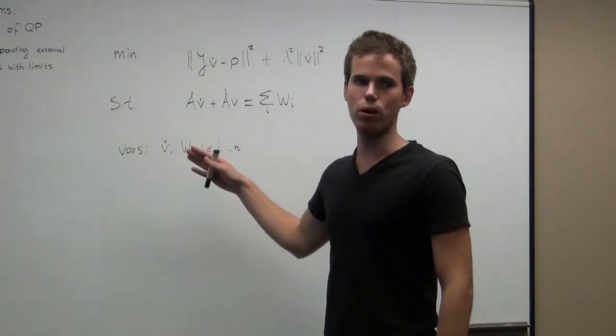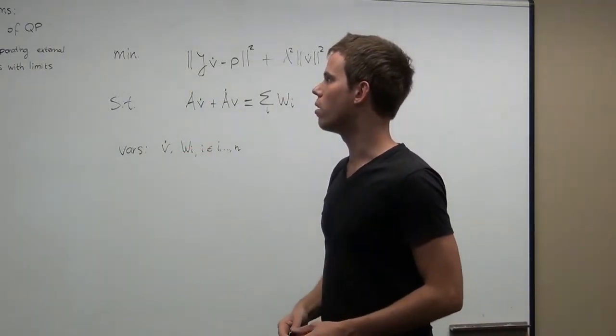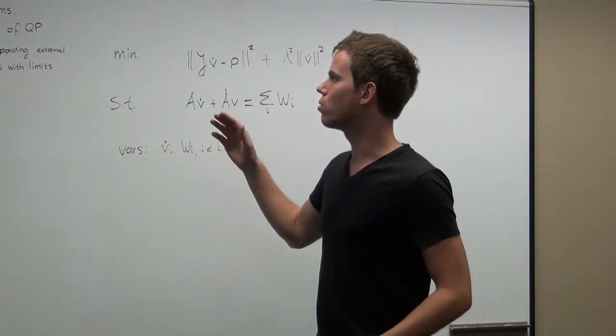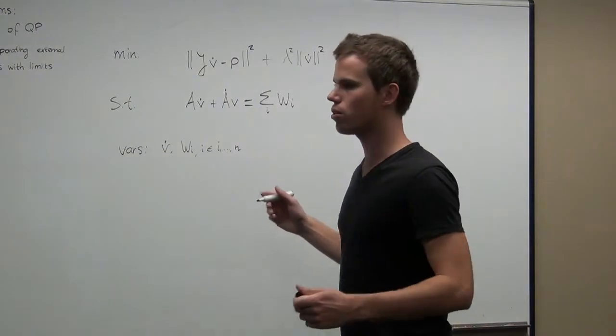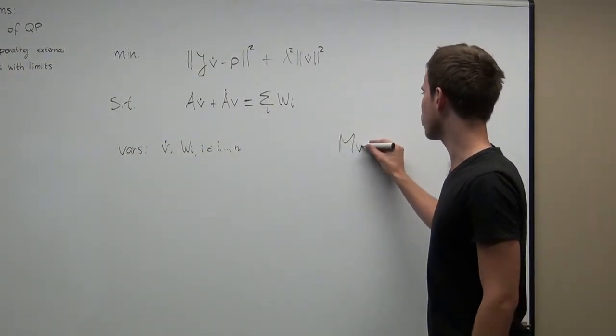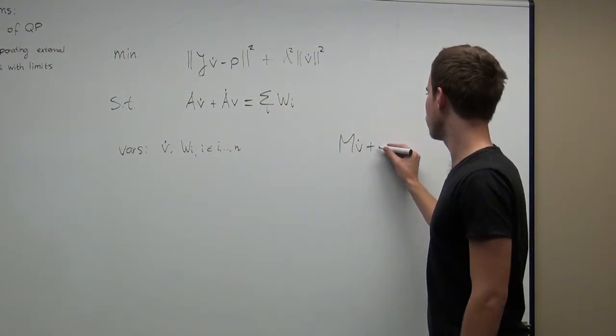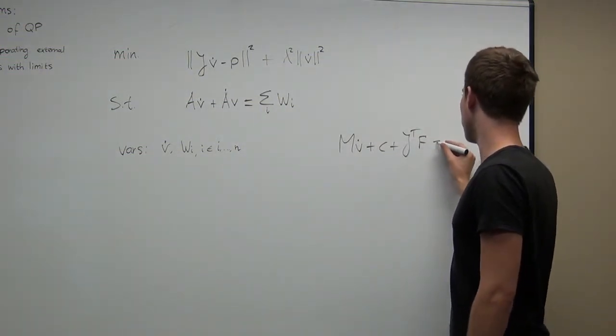We still have external forces in the QP, but that's unavoidable. At some point we were considering adding the whole equations of motion as a constraint, M v dot plus c plus J transpose f equals tau.